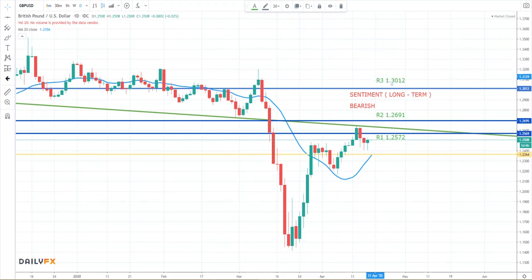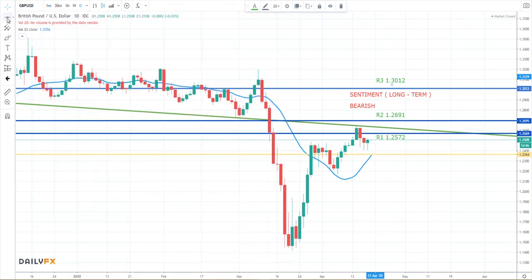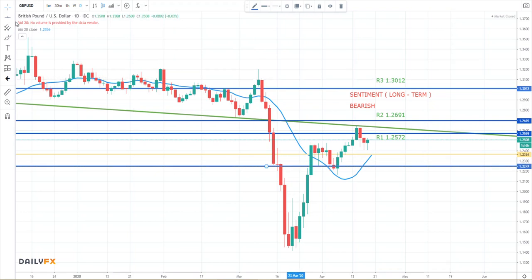Now, if and when we get the sell-off, 122.50 is our first support. 122.50 right there, S1.